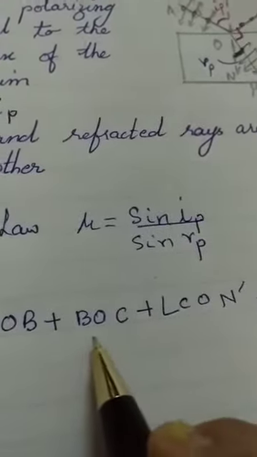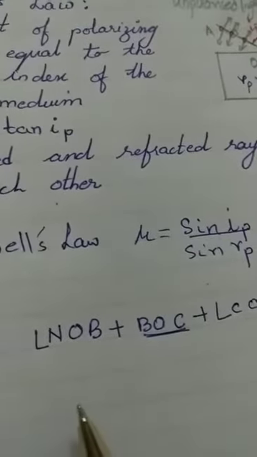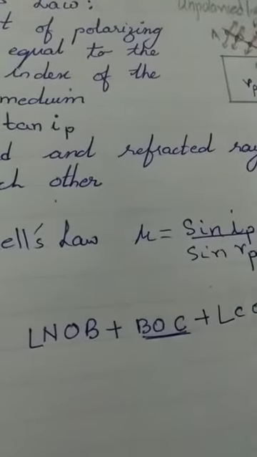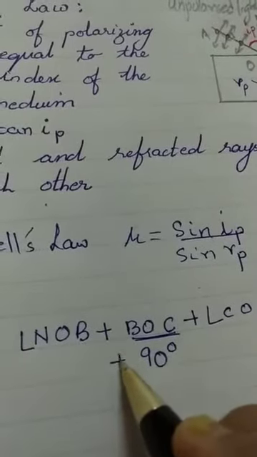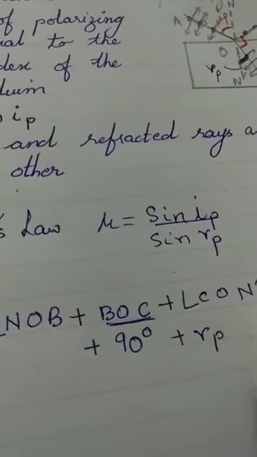We don't know NOB, so only this one has to be found out. BOC is 90 degrees here. CON dash is RP.